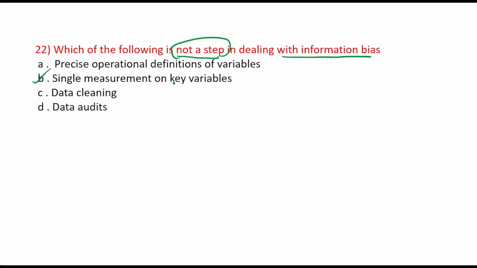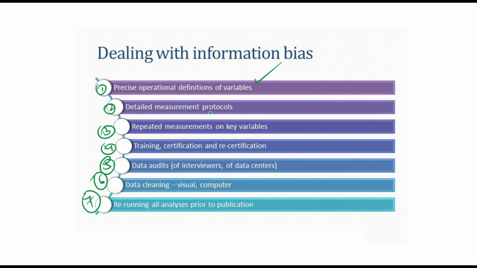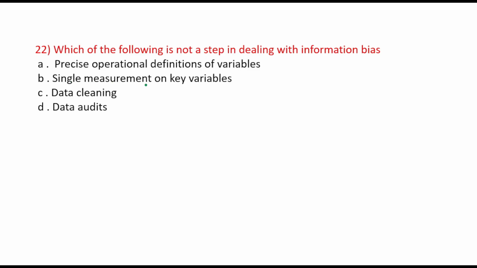Second, single measurement on key variables. I told that it is not a step. Let us see then what is the actual step. Detailed measurement protocols, repeated measurements on key variables. It is not single measurement, it is repeated measurements on key variables. Please remember this point. Because they gave single measurement on key variables, we have told that this is not a step.